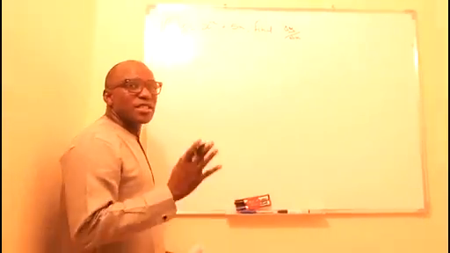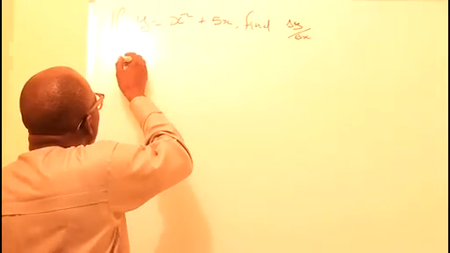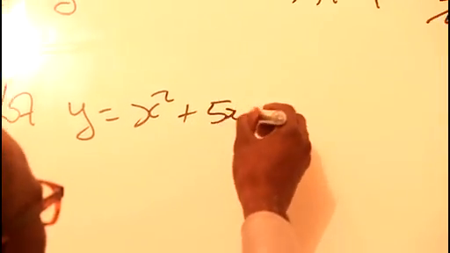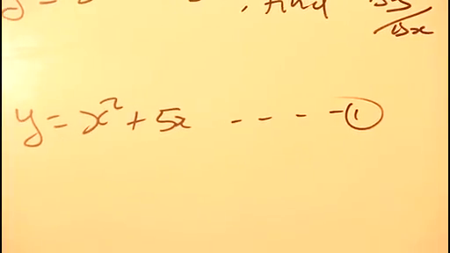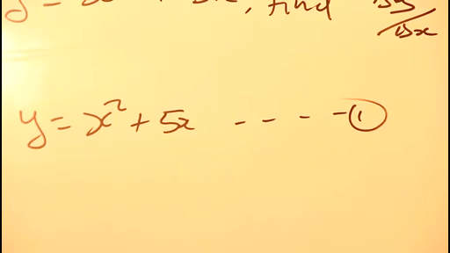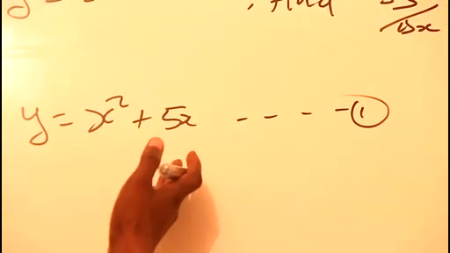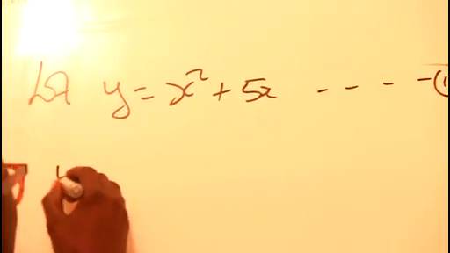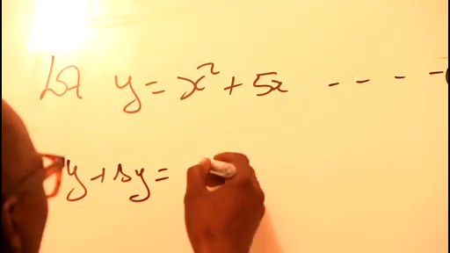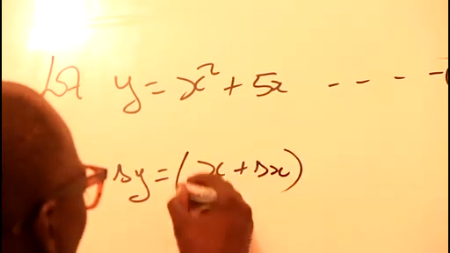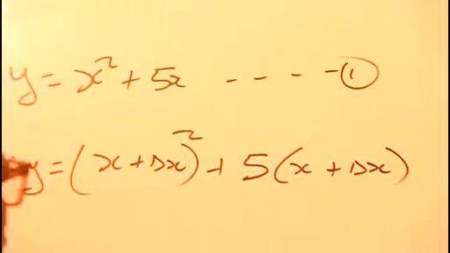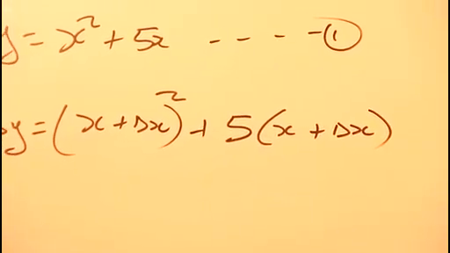Now, if we're going to do that, we can take another method. You can say, okay, let y being equal to x squared plus 5x be equation 1. You name it. Then you say, for every change that affects the independent variable will also affect the dependent variable. That will give you y plus change in y will be equal to x plus change in x all squared plus 5 into x plus change in x. So if we have that, you can now simplify.